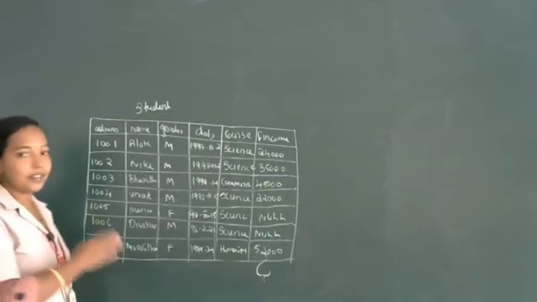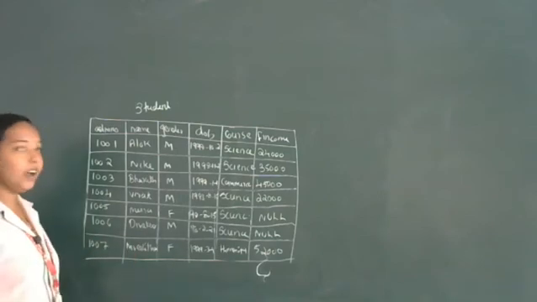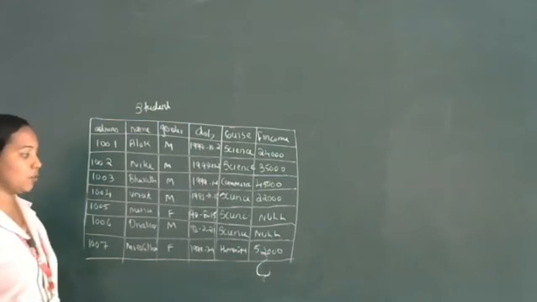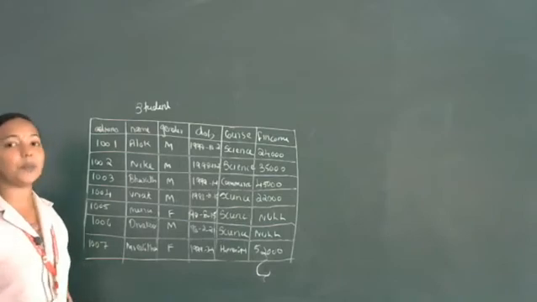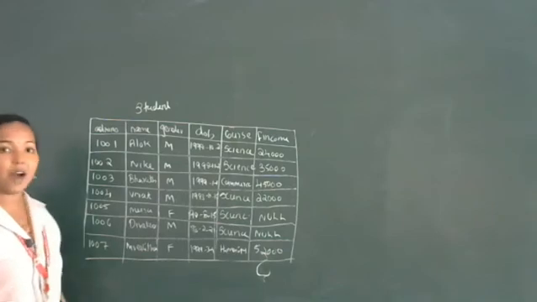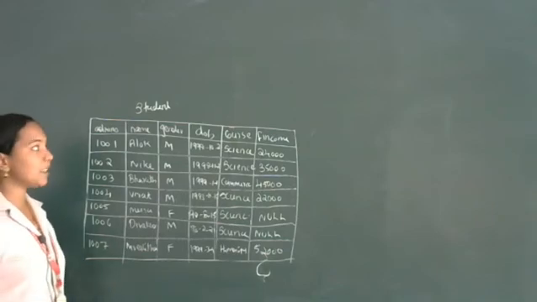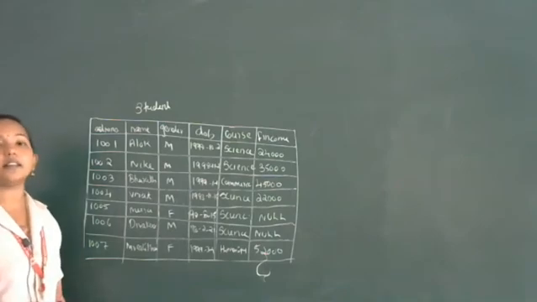In which column do duplicate values occur? In the course column, because science is repeating, while commerce and humanities are different. Science is repeating 5 times. Suppose you want to find the courses in the student table.